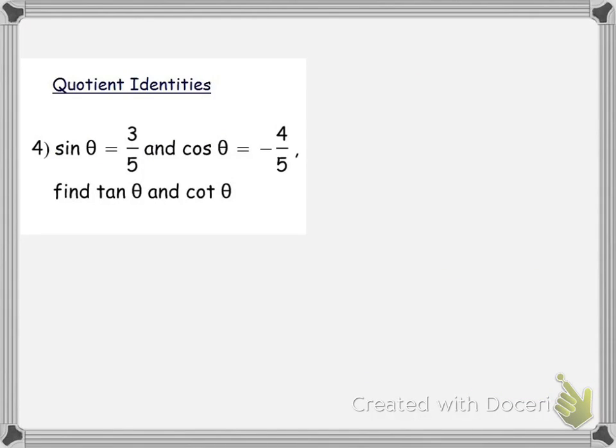The tangent and cotangent are quotient identities. Because tangent is sine over cosine, and here I'm given what sine is equal to and what cosine is equal to, I can say tangent of theta is equal to sine of theta over cosine of theta.